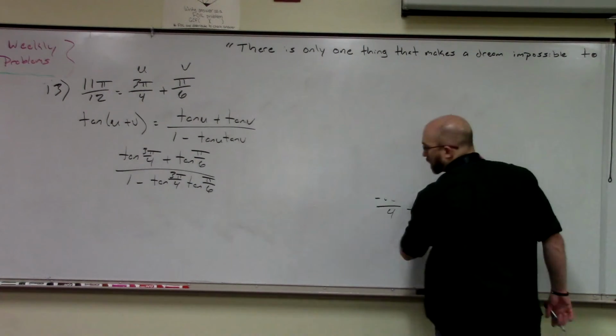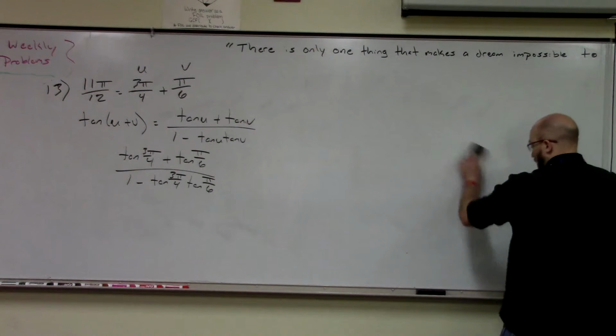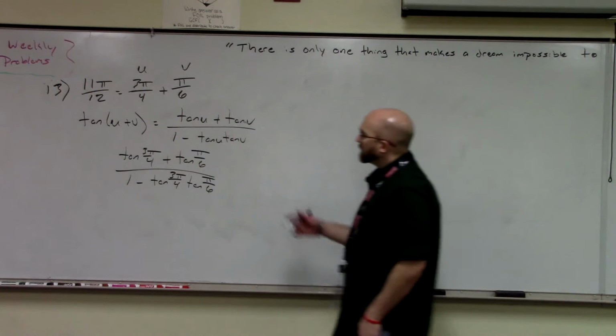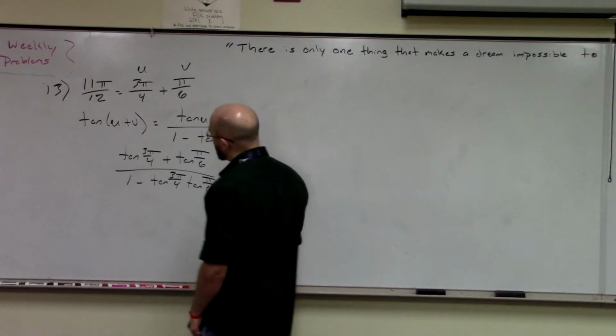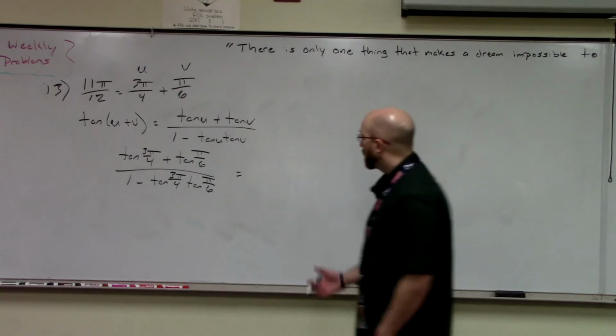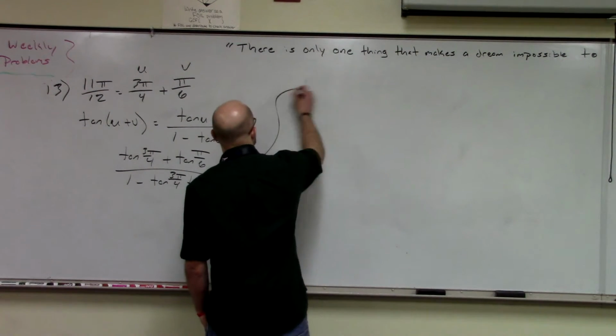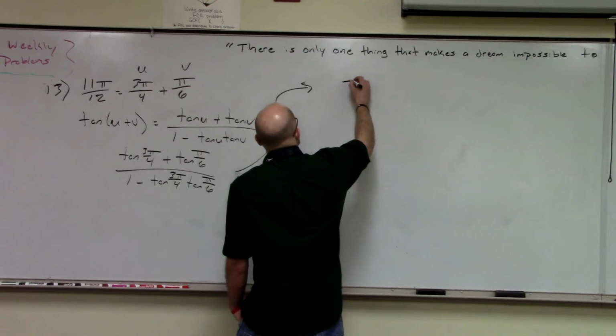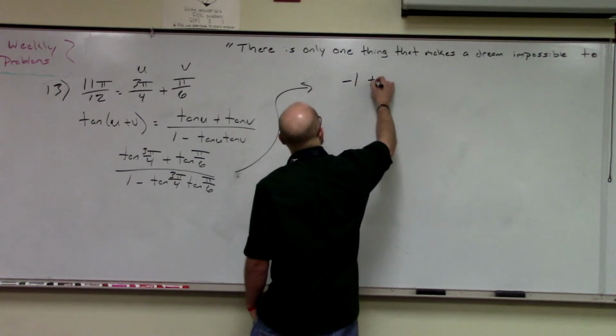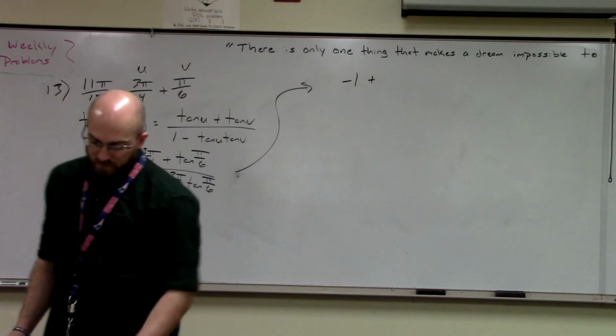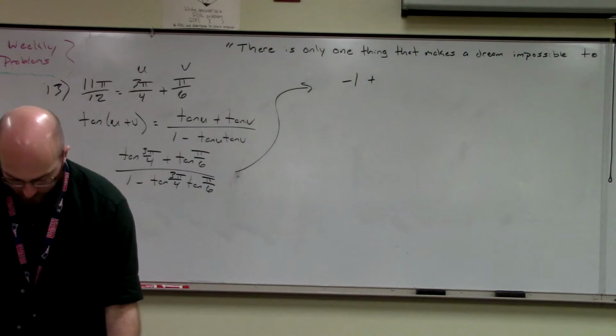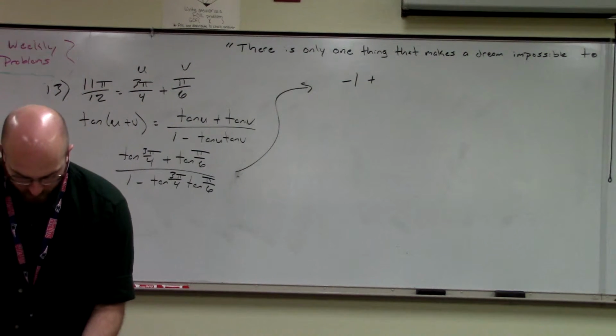It's not too bad though. It shouldn't be too bad because now we're just dealing with numbers. Since tangent of 3 pi over 4 is just -1, so let's actually come up here. -1 plus tan pi over 6. Sorry, I don't have my thing.